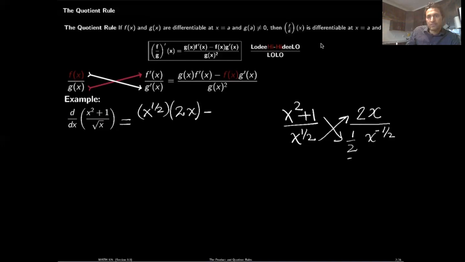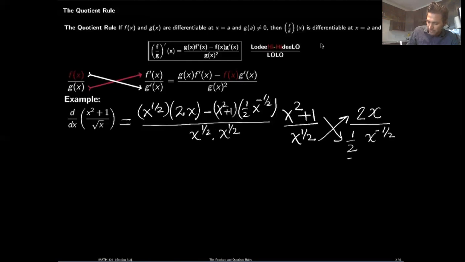High is x squared plus 1, and the derivative of low is 1/2 x to the power minus 1/2. So this is x squared plus 1 times 1/2 x to the power minus 1/2. And then the whole thing is divided by low low, the bottom function: x to the power 1/2 times x to the power 1/2, or x to the power 1/2 squared.